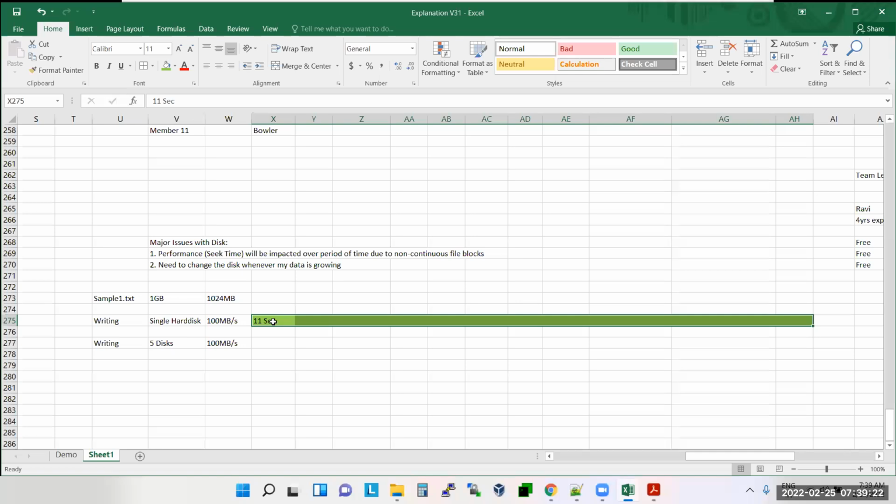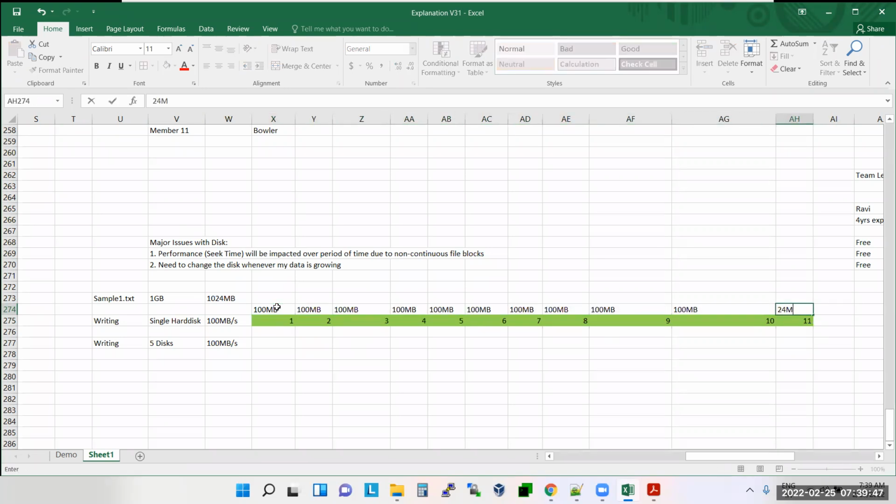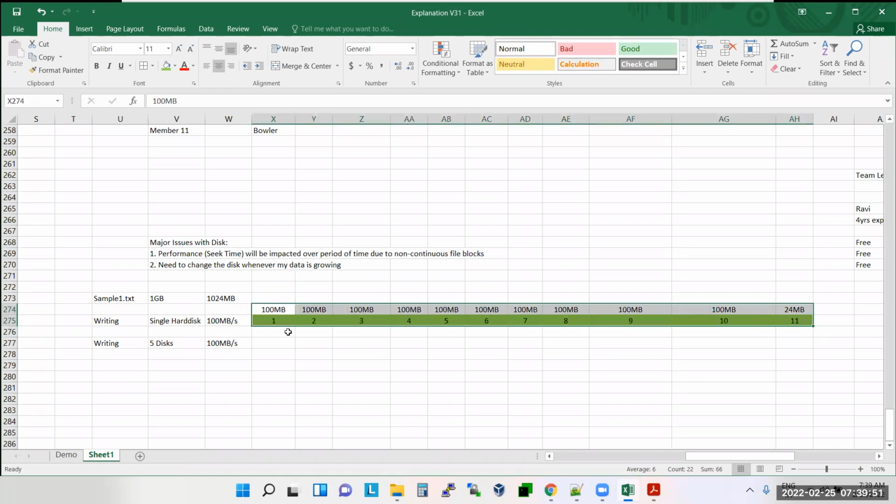So here it is taking 11 seconds, with 100 MB in each second, and in the last second 24 MB. It is taking 11 seconds.